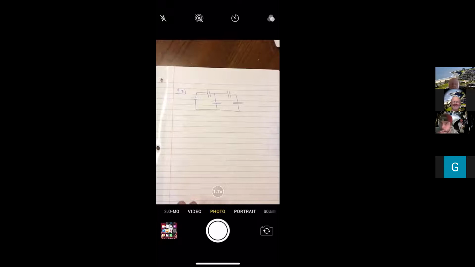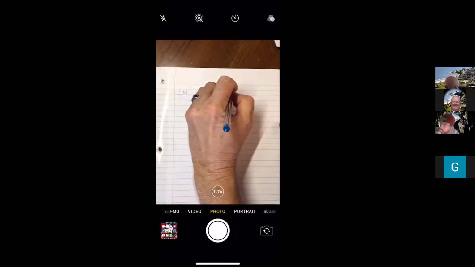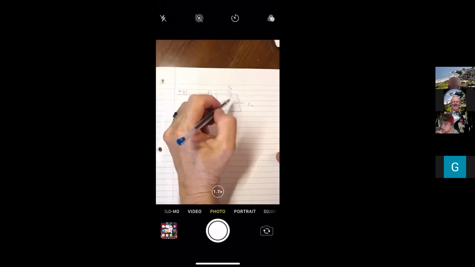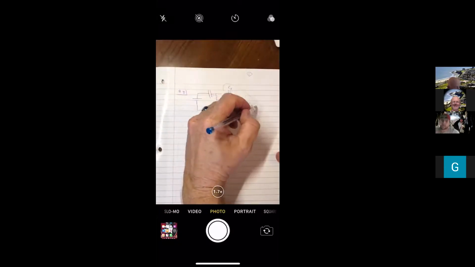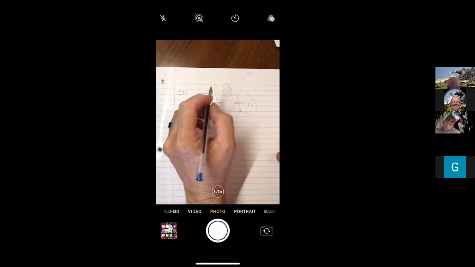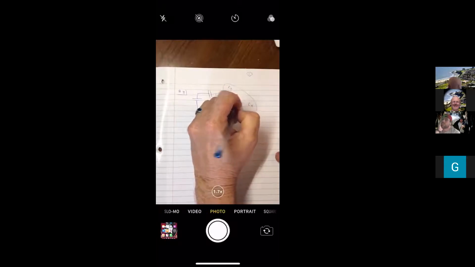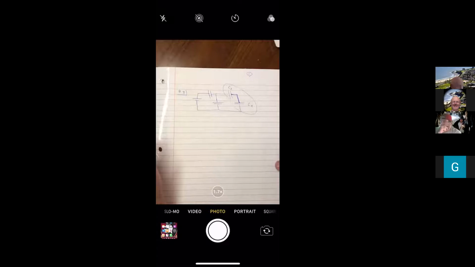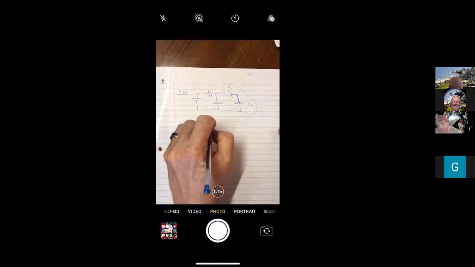And the first step I would do would be look at these two, number 3 and number 4, that are labeled there, and say, okay, these two are in series. That is, you can see that there's a wire that just goes straight from one to another. And that's kind of this magical step. You've got a wire that goes straight from one to another. That is the definition of a series.